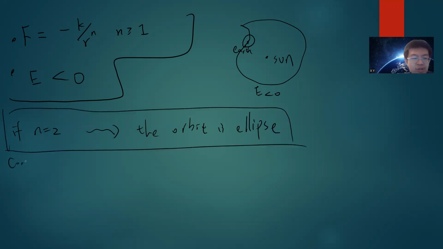Conversely, one can show that if the orbit is an ellipse, then n is 2. Basically, this is what made Newton a giant of science. The proof is quite cumbersome. It's not easy to prove.